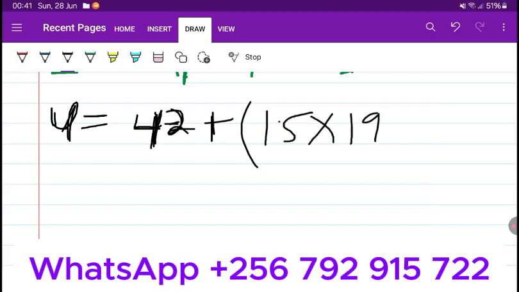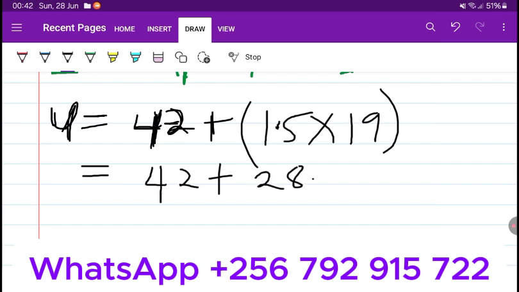We computed it as 19. So this is 42 plus 1.5 times 19. It gives you 28.5. So 28.5 plus the 42, it gives you 70.5.